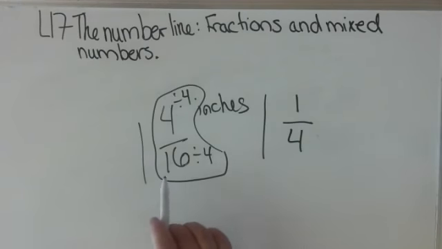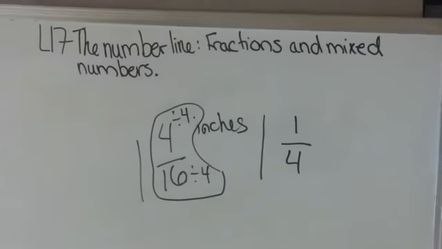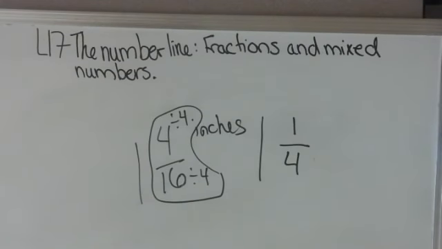You can do it in 16ths and convert it over if they're asking for a smaller fraction, or you can memorize what every line is. Smallest lines are 16ths, bigger lines are eighths, the biggest lines next are quarters, and the biggest line that isn't a whole number is half. So that is the number line, fractions and mixed numbers, including inches on an inch ruler.